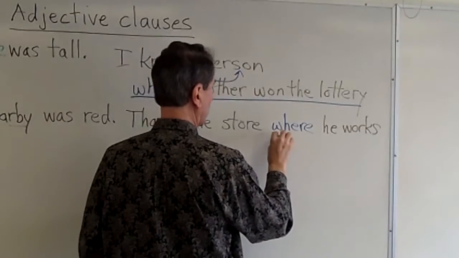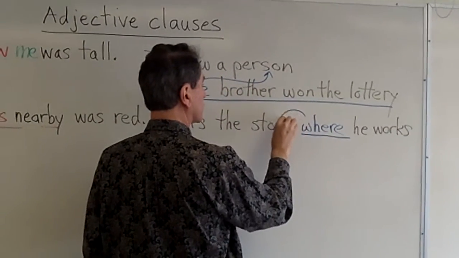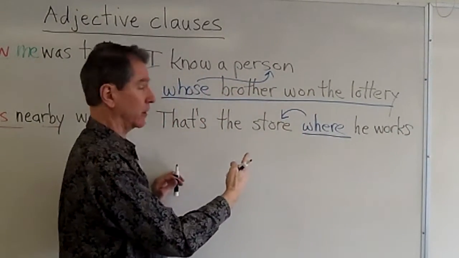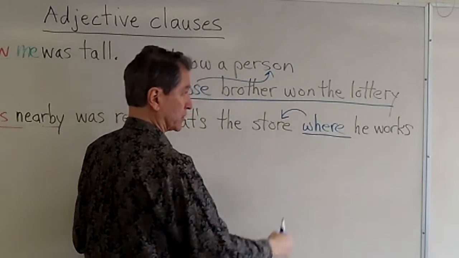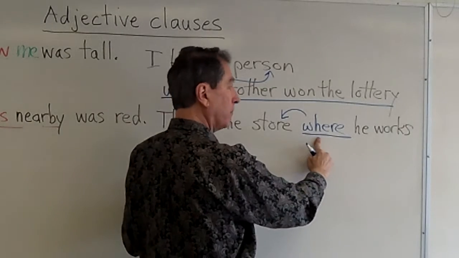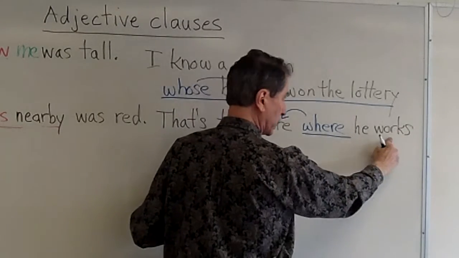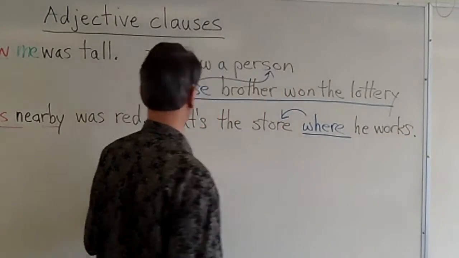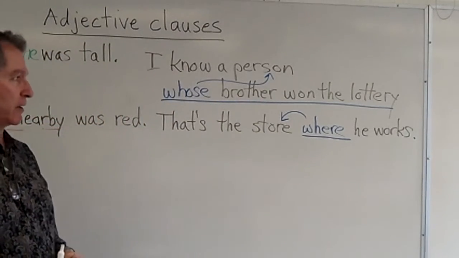So where, another marker. This is more information about store. That's the store. What store? That's the store where he works. So this adjective clause gives more information about store. Where, marker, he, subject, works, verb. And of course there's a period at the end. That's the store where he works.